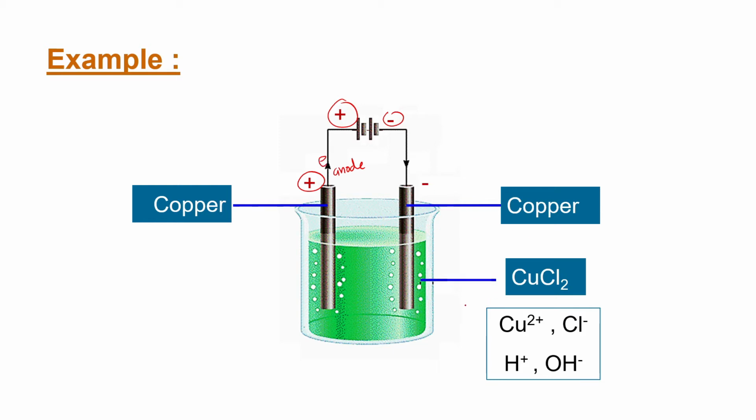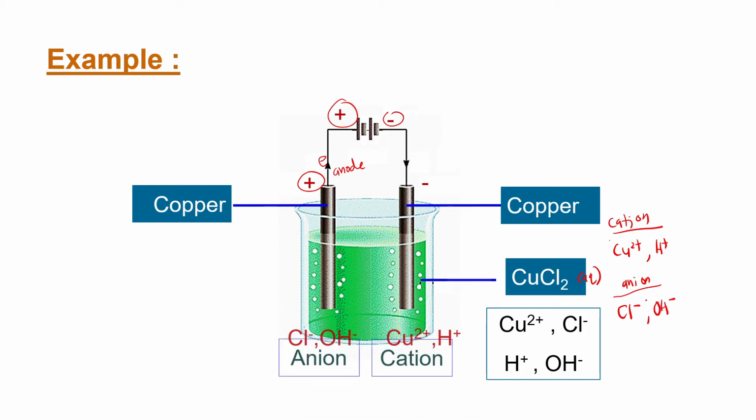Okay, for example, here we have the electrolyte CuCl2. So, this is CuCl2 aqueous. So, for cations, we have Cu2+ and also H+. So, H+ comes from water because CuCl2 is aqueous. And for anions, the negative ions, we have Cl- and also OH-.